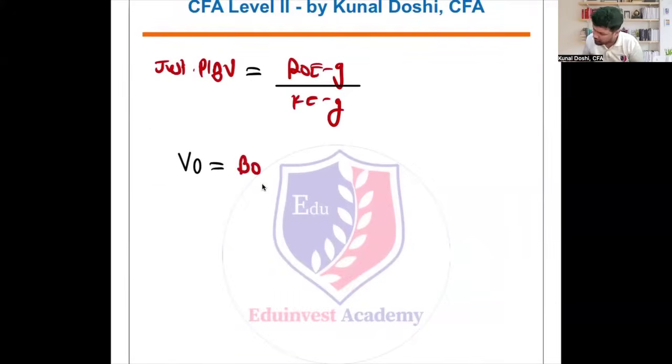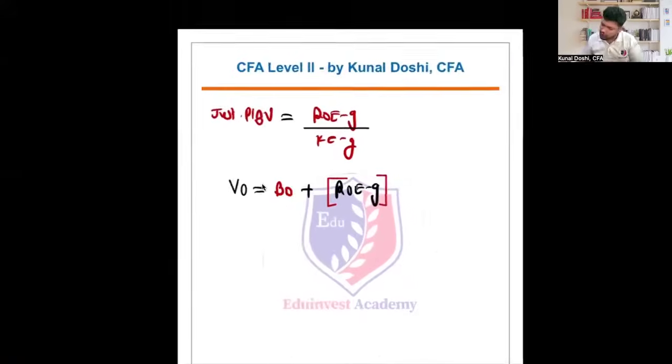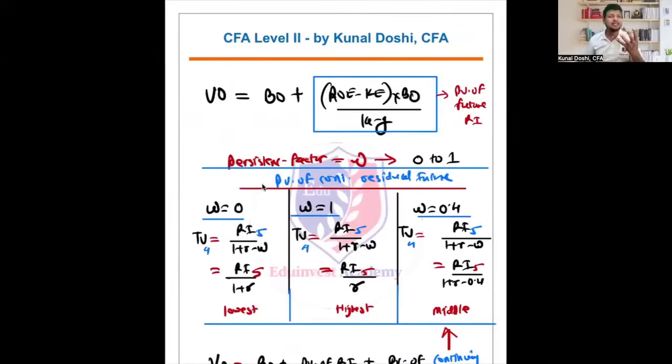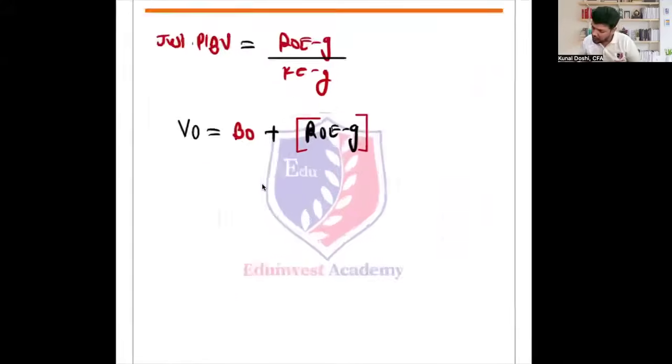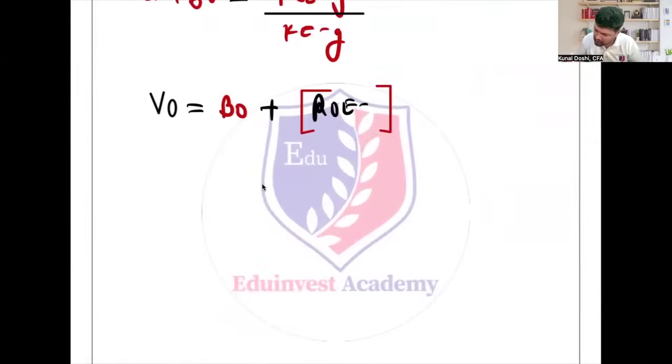We are using the current book value plus present value of our residual income. If you see on the Gordon's growth basis, it is ROE minus growth. Correct? ROE minus growth, which is same, ROE minus, I have used here, sorry, my mistake. ROE minus cost of equity into B0 over KE minus G. So if you see, ROE minus, not growth, sorry, cost of equity, into the book value over cost of equity minus G.